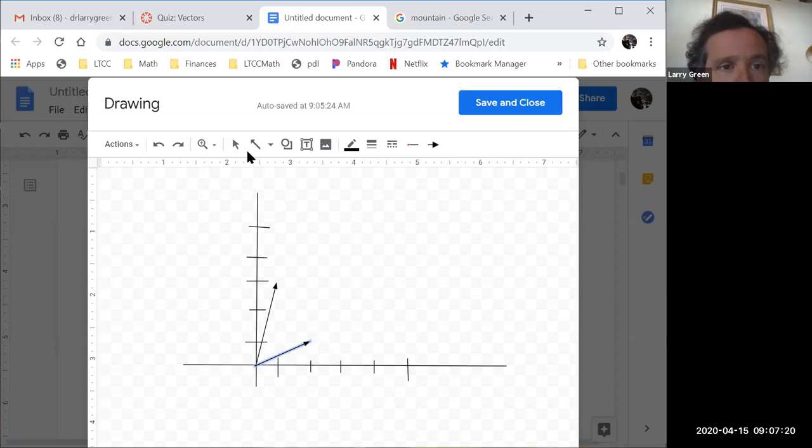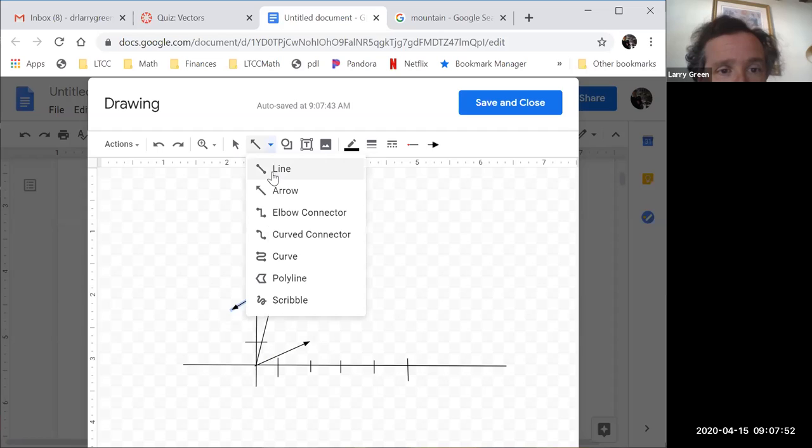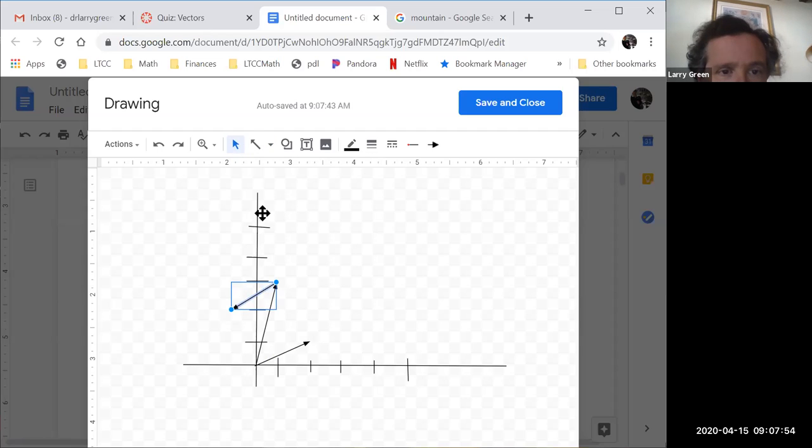So I'm going to start, let me show you, at the head of the 1, 3, and I'm going to draw that 2, 1 over here, but in the opposite direction. Any questions on that? So then my answer is going to be the completed triangle.